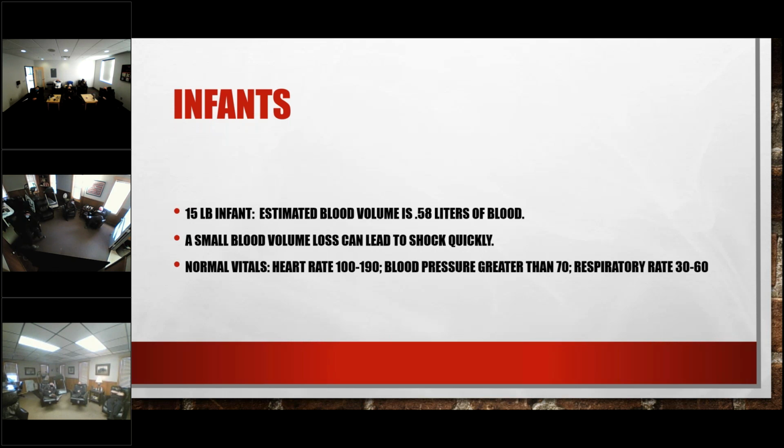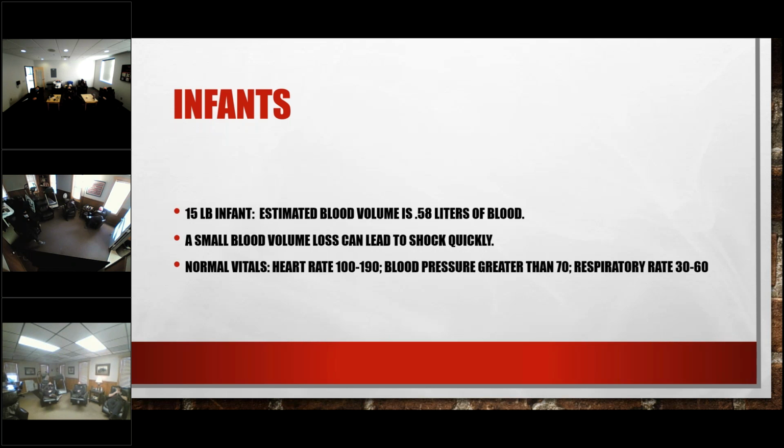Now with infants, they have a very small amount of blood volume circulating through their system. So if we have a 15-pound infant, they only have a little over 1/2 liter of blood circulating through their system. And again, that's why we see that heart rate and that respiratory rate so fast in order to compensate for that low volume.